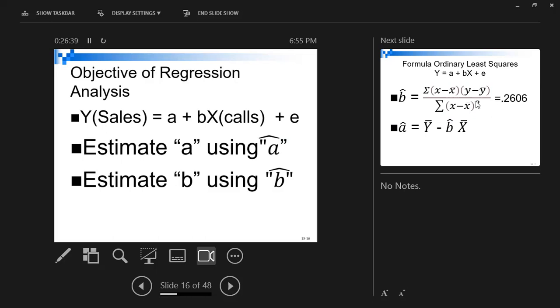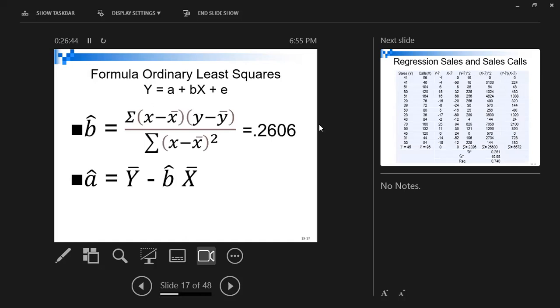All right. So this is the formula for the simple linear regression. And so we estimate B hat. This is the regression model on sales and sales calls. As you can see, we estimate B hat to be 0.26, which actually means that to sell one copier, the salesperson has to make approximately 4 calls.